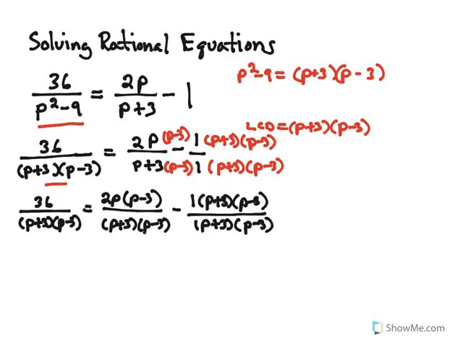I shouldn't even put the 1 there. I mean, it's understood. 1 times those two factors is those two factors, but that's okay, as long as you understand what the common denominator is.